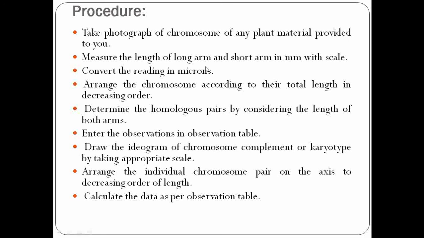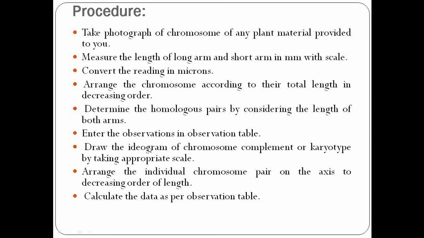Then determine the homologous pair by considering the length of both arms. Then you enter your entries in the observation table. We will see later what exactly is present in the observation table and what you have to calculate.